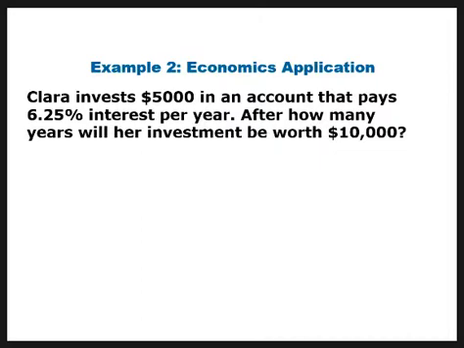Clara invests $5,000 in an account that pays 6.25% interest per year. After how many years will her investment be worth $10,000? So what we're looking at here is my final amount, which was represented like this on the previous slide, A of t. We want to take our initial amount, which is $5,000.